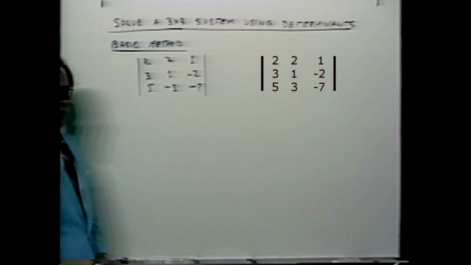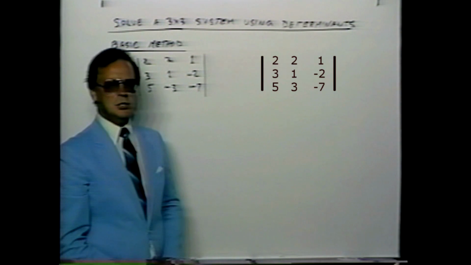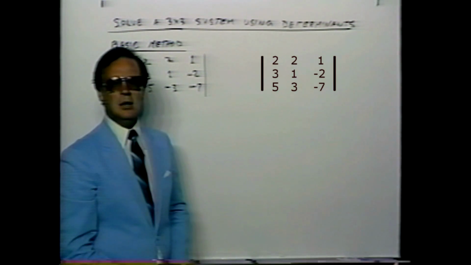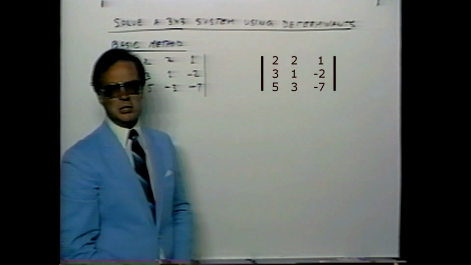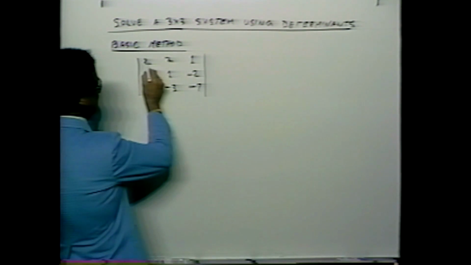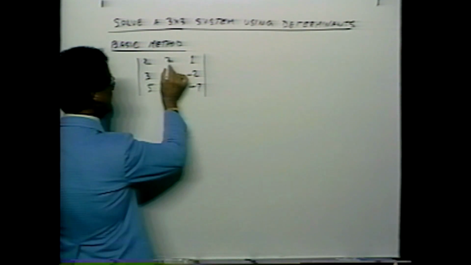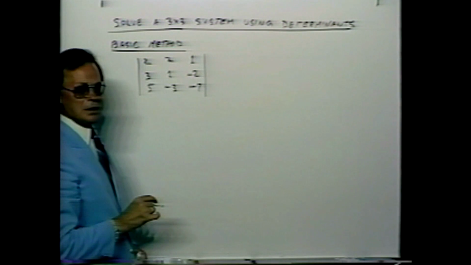You will have to memorize several steps. Each number along the top row serves as a multiplier of 2 by 2 determinants, constructed in a very special way. The top row of numbers 2, 2, and 1 serve as multipliers.